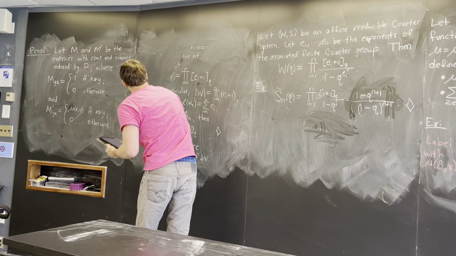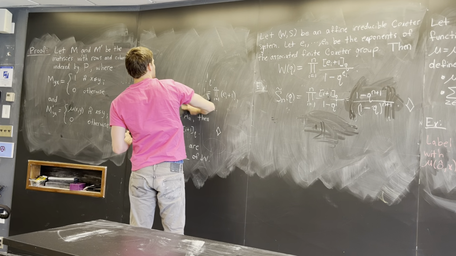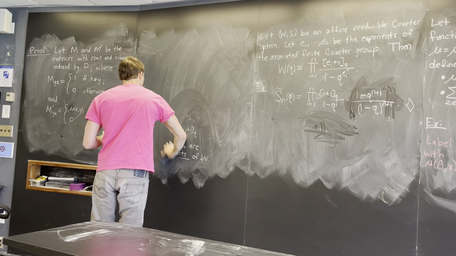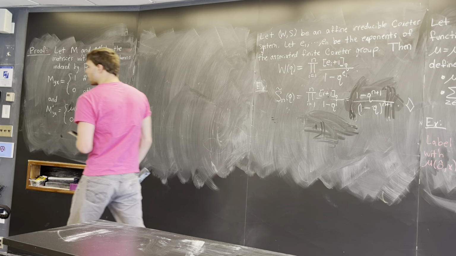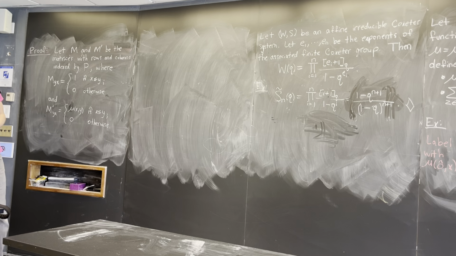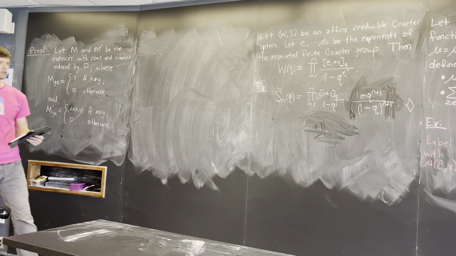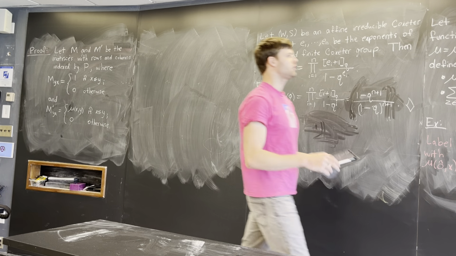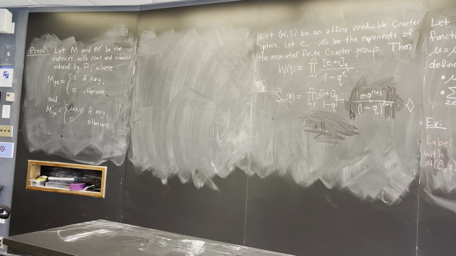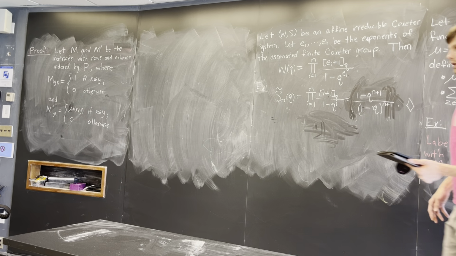So I guess you can imagine we have a vector space where the basis is indexed by the elements of P, and these would be matrices that are representing linear transformations from this vector space to itself. So we could also consider vectors, and these functions f and g that I've written down are basically vectors in this vector space.